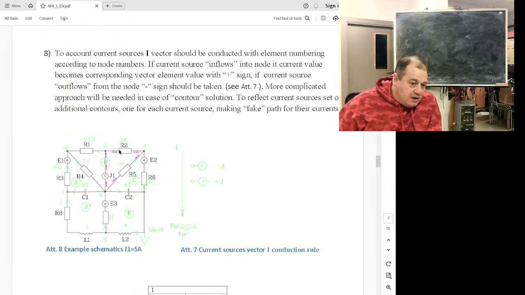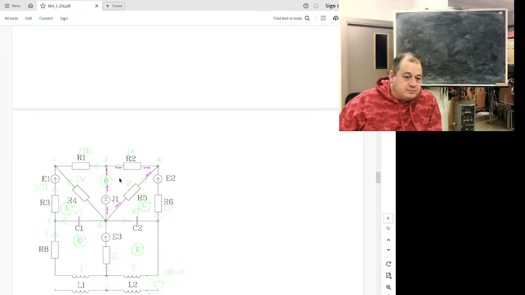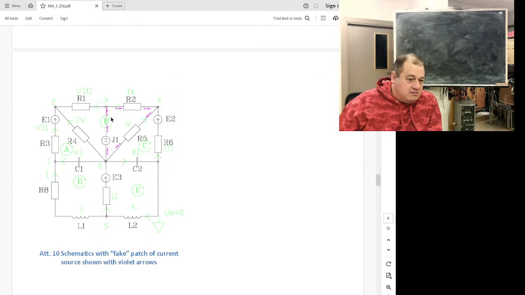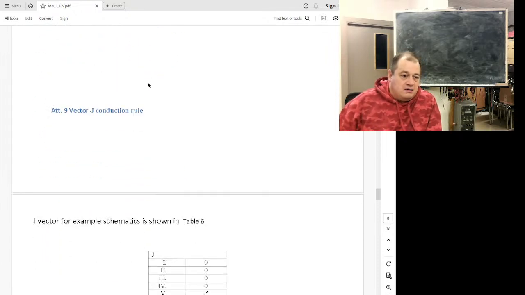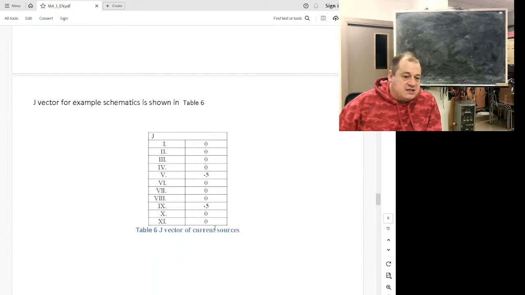Look, I have chosen 9th and 5th branch as a way for my current source. Here it is. Fake, you can say fake path. I just take that it will go here. And I will get this table.